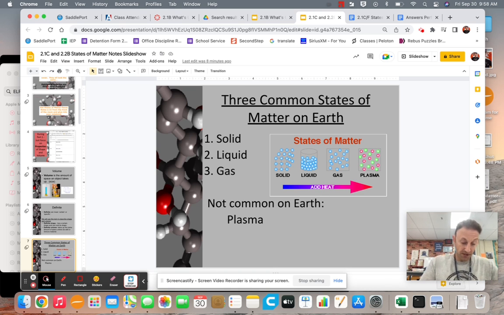Your first 3 states of matter in that third section are solids, like you learned in second grade, liquids, and gases. There is a fourth one called plasma. It's not common on Earth. It's mostly in the universe, which is vastly larger than our world.